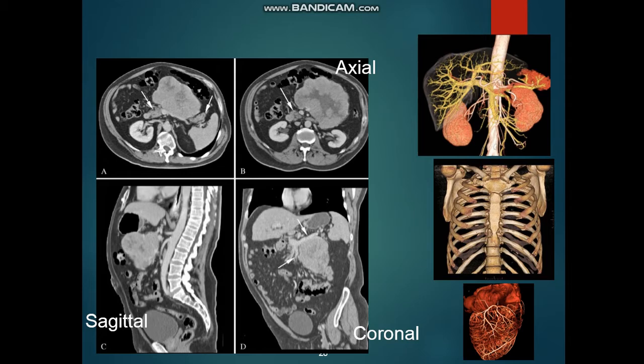Thus, on computer tomography, we can receive images in different planes: axial, sagittal, and coronal planes, and we can see pathologic area, localization, size, borders, and status of surrounding normal tissue.